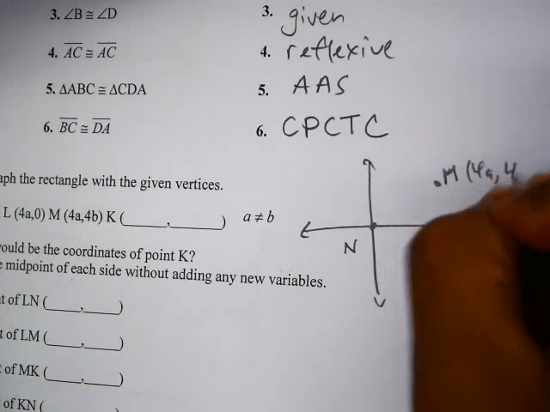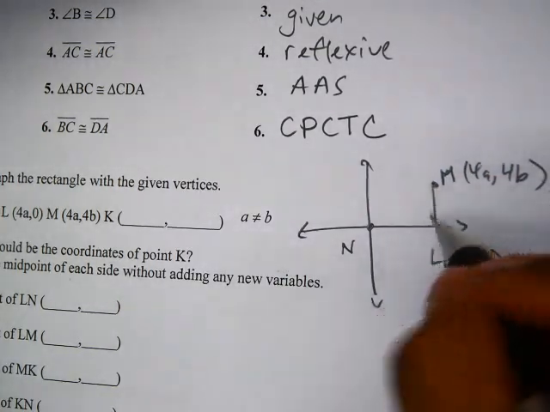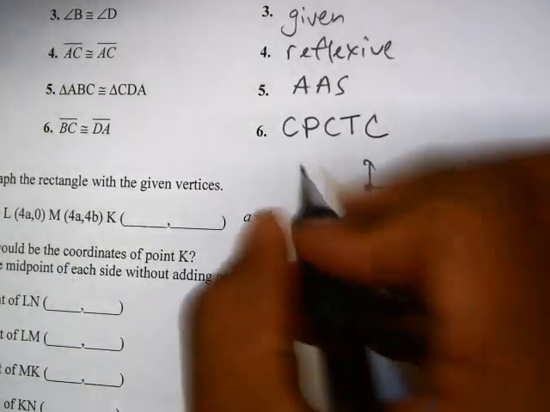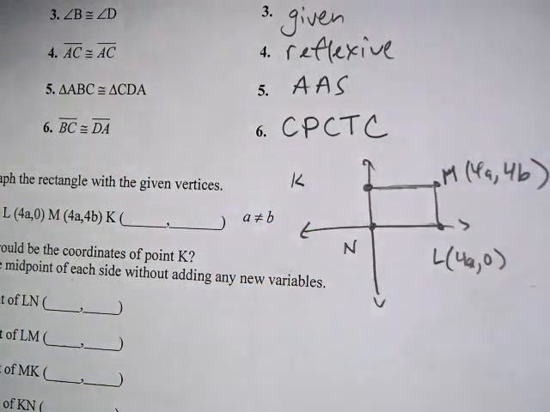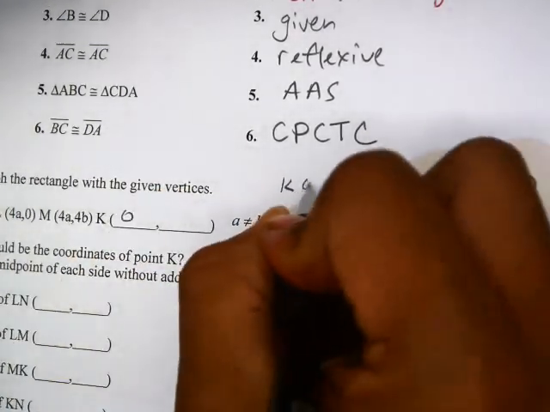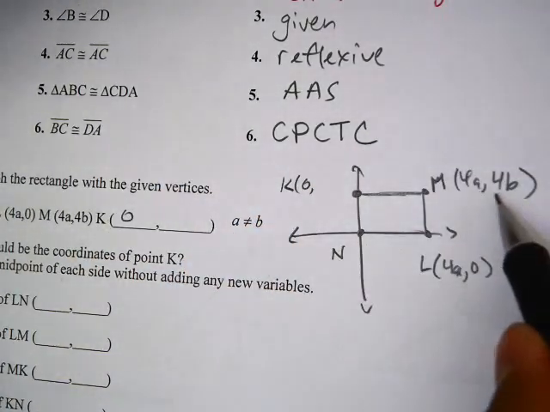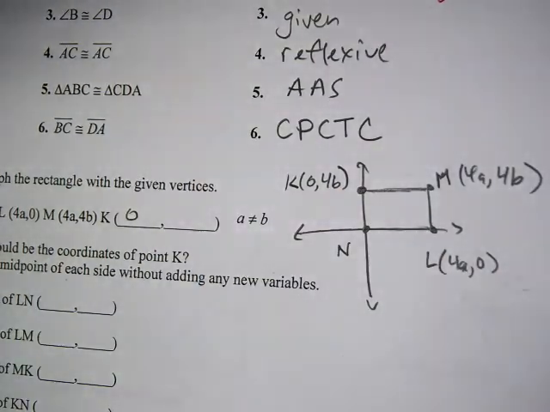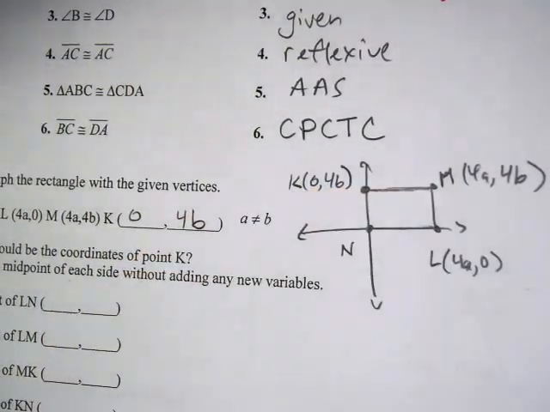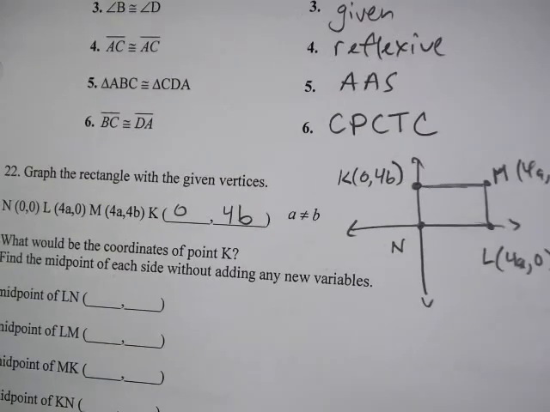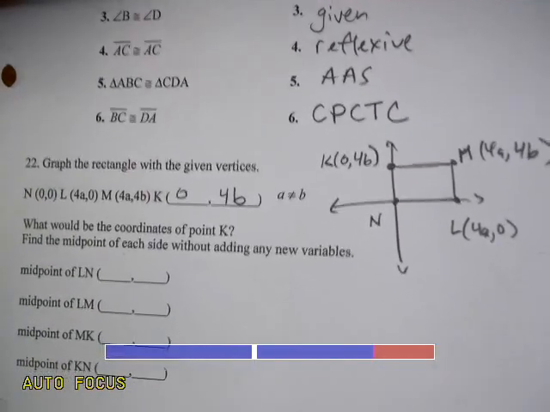In order for this to be a rectangle, the last point needs to be over here at K, and that should be at 0 for the x value, and up the same amount as M, so 4b, for the y value. So that's the coordinates of K: 0, comma, 4b.